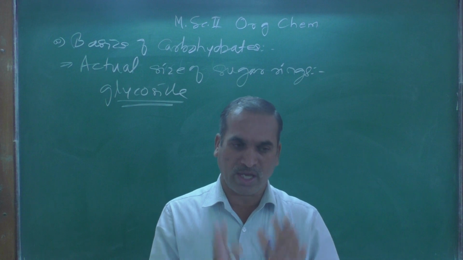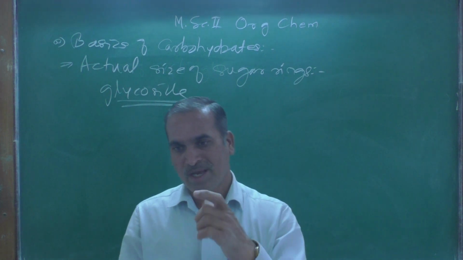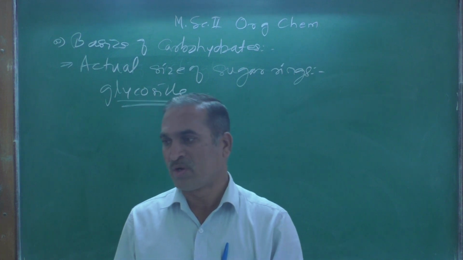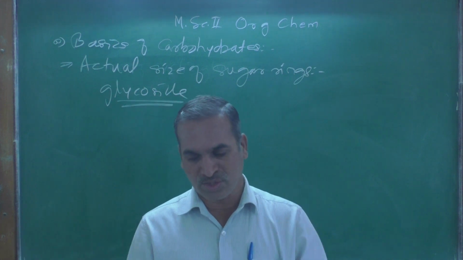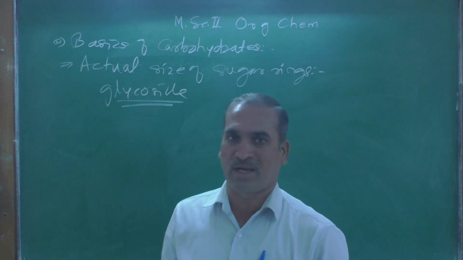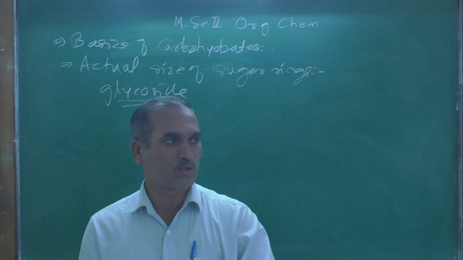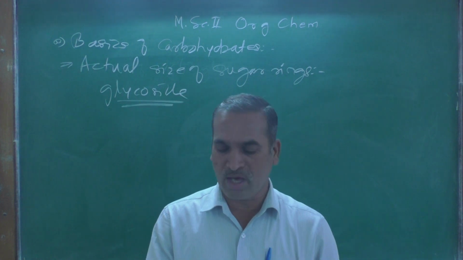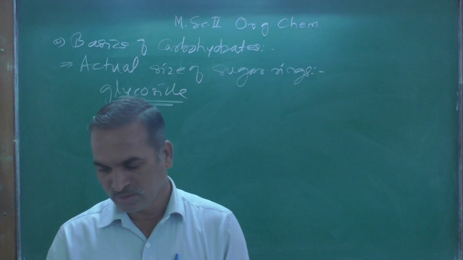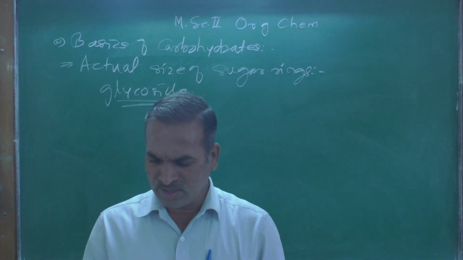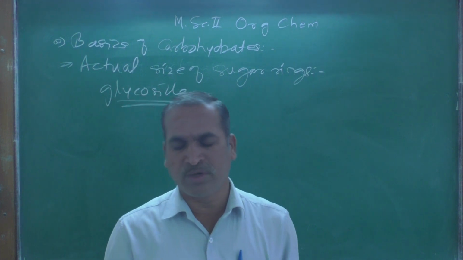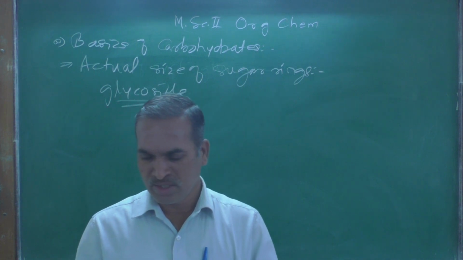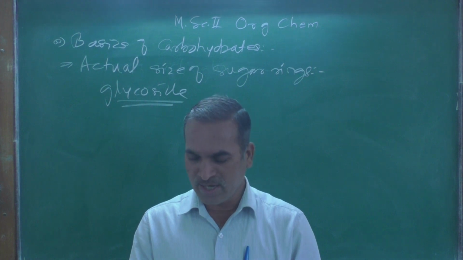When it is an open chain type of compound, we call it an ester, but when it is involved in a ring structure, with C double bond O in the ring, that type of organic compound is termed a lactone. Do remember this. This is the first product, but it slowly changes into the stable gamma lactone.